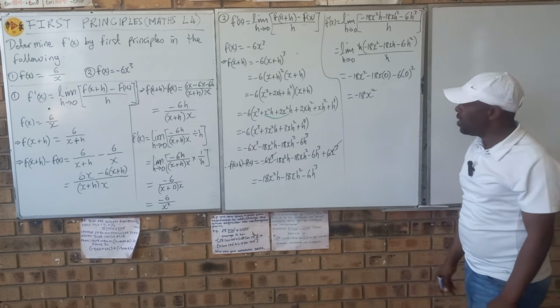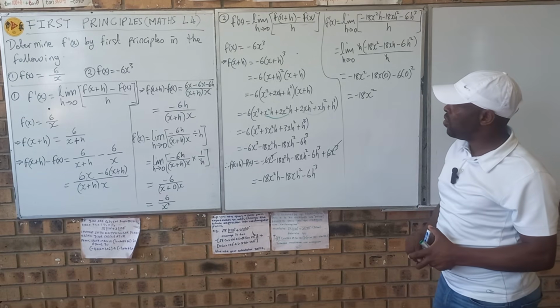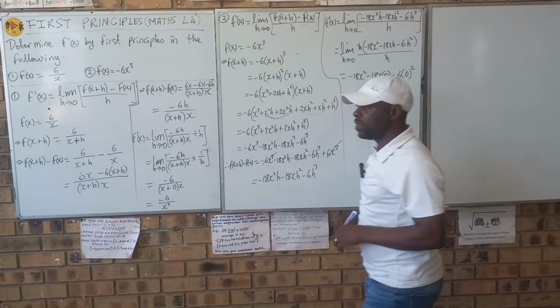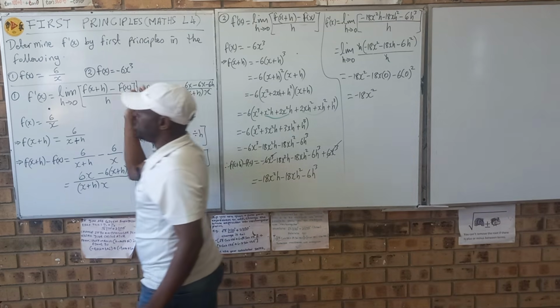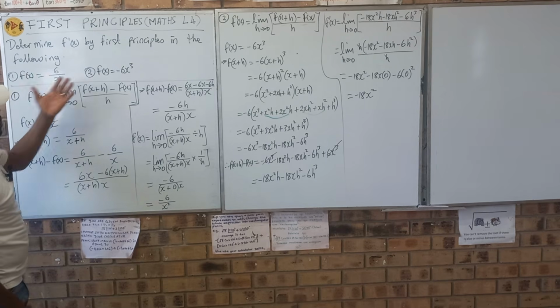So guys, as a level 4 student, this is how you have to do your first principles. And I've targeted the two main kinds of problems reserved for level 4 students.